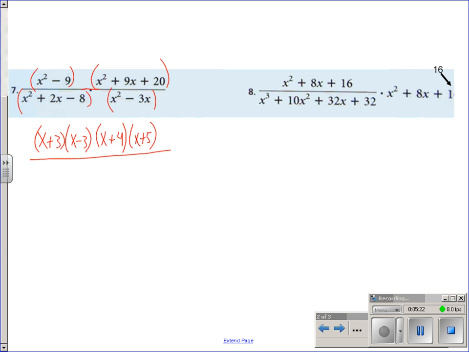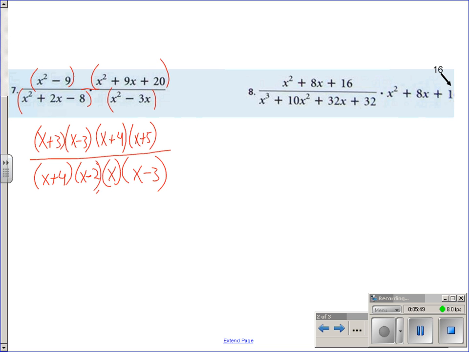Now the denominator, let's see, we've got x plus 4 times x minus 2. Clean that minus 2 up a little bit. And then the x squared minus 3x. There's a common factor of x. You take it out of both of those terms, you're left with an x minus 3. There's all your factors of the denominator.